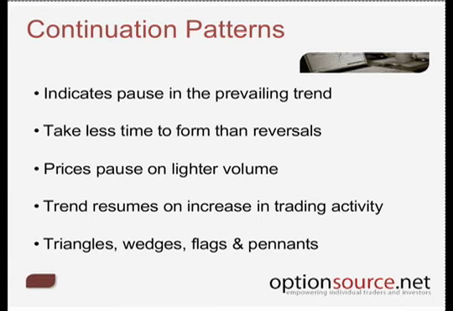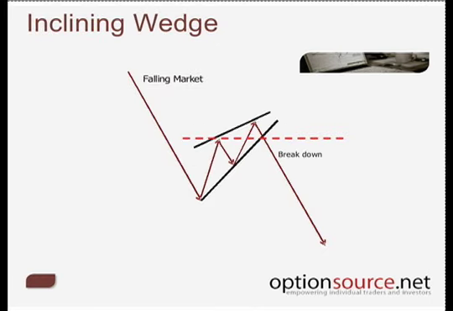And in the case where we can actually measure the volume, you tend to see a pause with lighter volume, and then you tend to see the trend resume on an increase of trading activity. We've got a couple of different types of patterns that we might look for, such as triangles, wedges, flags, and pennants.